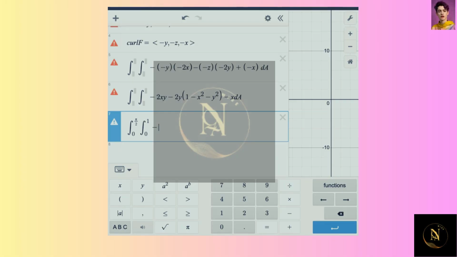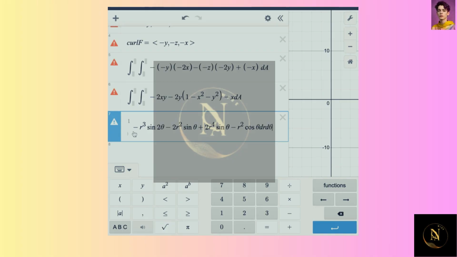So we'll do it in the simplified form, which is negative r cubed sine 2 theta minus 2r squared sine theta plus 2r to the fourth sine theta minus r squared cosine theta dr d theta.